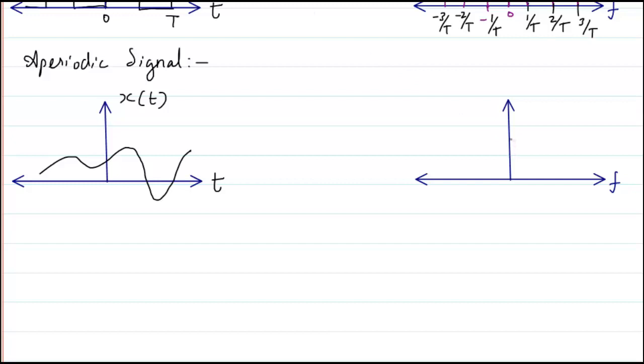You will have a continuous frequency domain, that means it is having all the frequencies between 0 and some maximum frequency fm. So we can say that this particular signal will have a range of frequencies from 0 to fm.